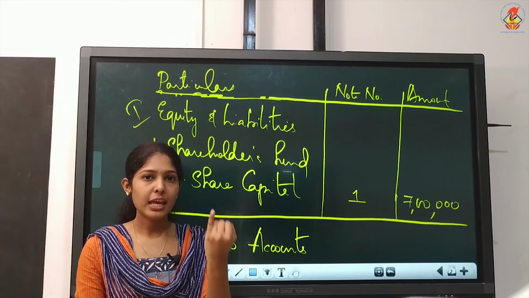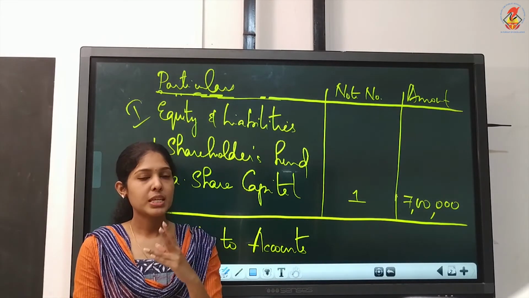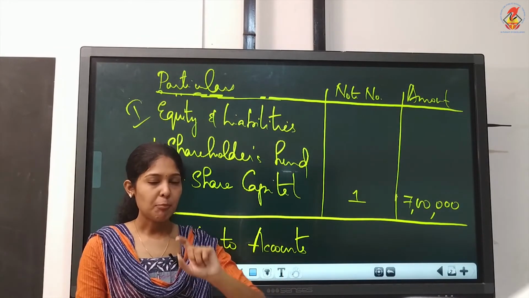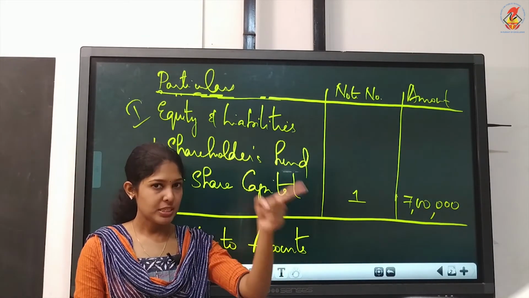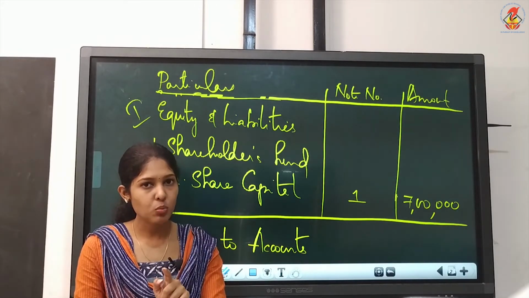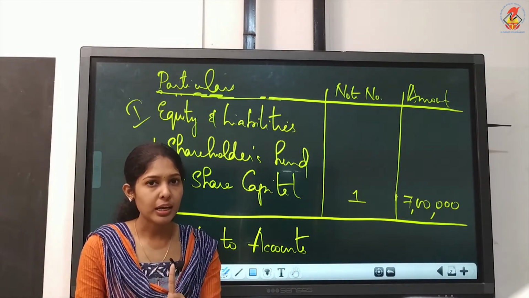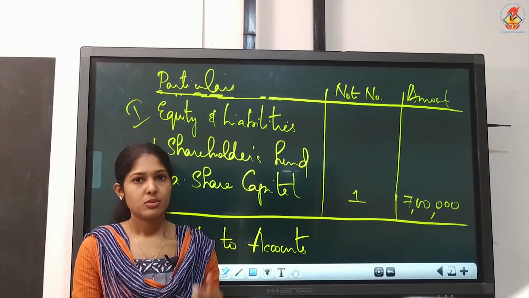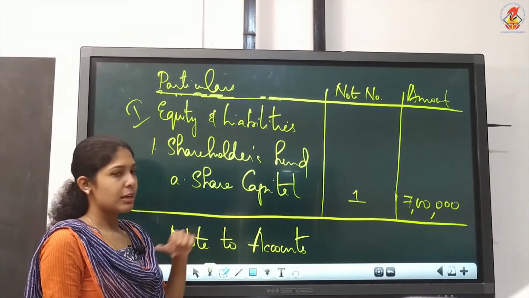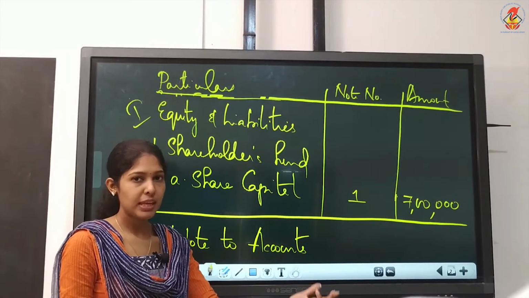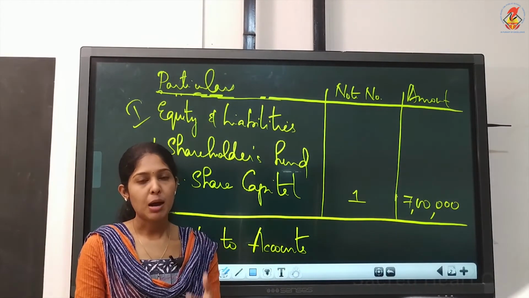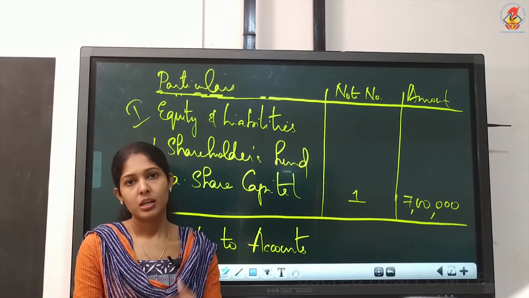Is it subscribed and fully paid up or subscribed but not fully paid up? Already I explained that. In the previous question the company had not called rupees 10, it called only 8. If that is the situation, it will come under not fully paid up. So here in this question, we have only the not fully paid up category. We can't write fully paid up. The reason is the company did not make the call.